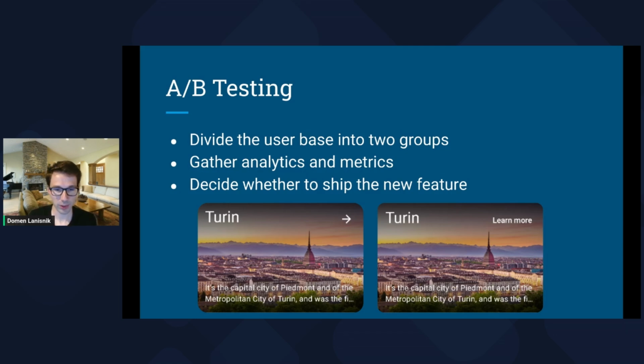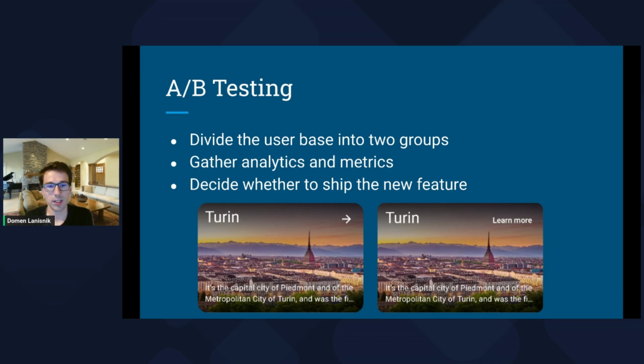So, for example, here we're running an A/B experiment. One half of the users see an arrow button on the top right of the card, and the other group sees a text button. And we are interested in learning which group will click on the card more. And we can run an A/B experiment for 2 weeks, let's say.